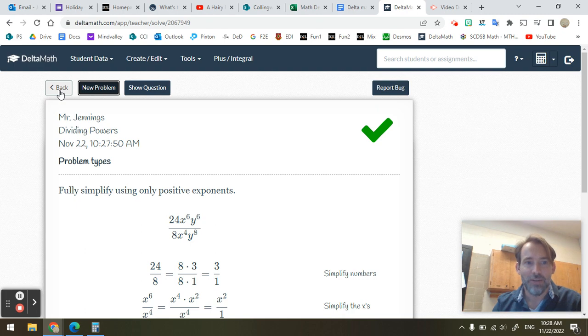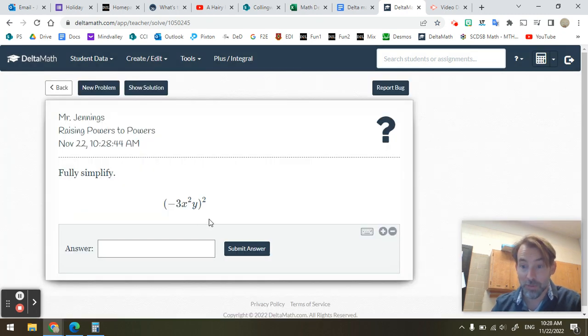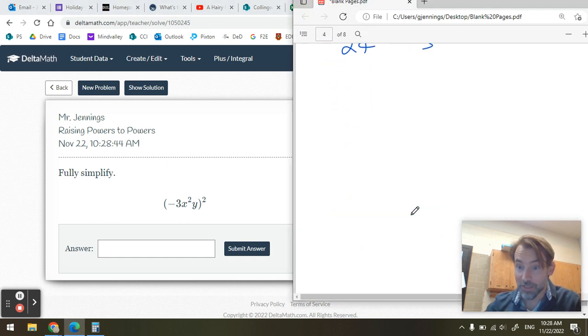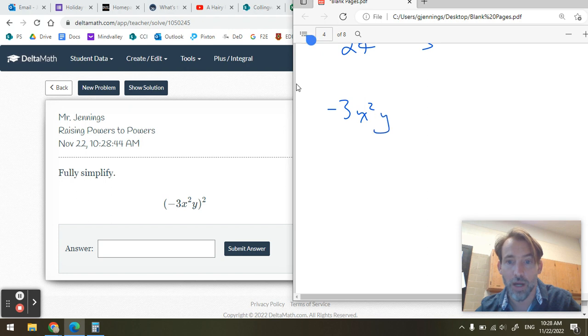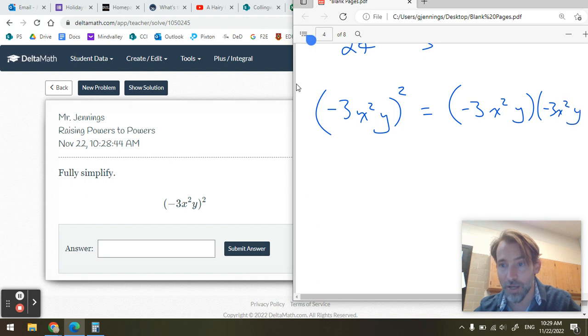All right, now let's go to raising powers to powers. When we raise powers to powers, in these cases, we multiply the exponents. But we want to raise everything in the bracket to that power. So if I have minus 3x squared y raised to the power 2, you can write it out with multiplication in this case, not that bad: minus 3x squared y multiplied by minus 3x squared y.